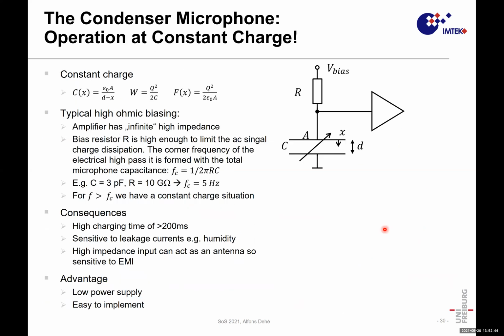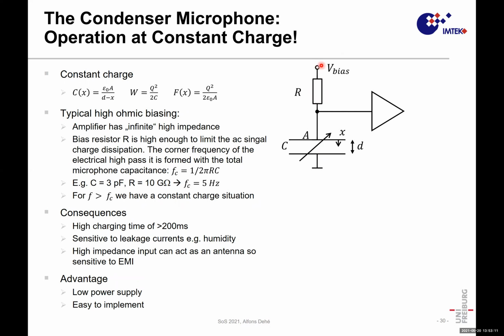How to generate this? Basically, this is the typical situation of how we do the biasing and the amplifier for such a device. This is called high ohmic biasing. We have a voltage source which is biasing the condenser over a very high ohmic resistor, maybe 10 gigaohm, and maybe a capacitance of 3 picofarads.